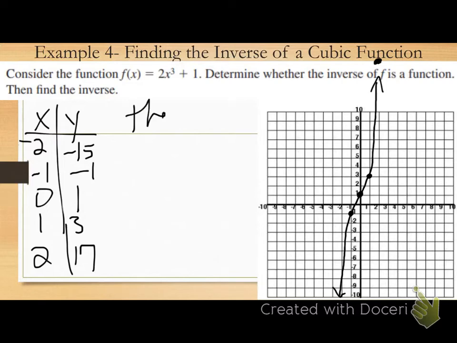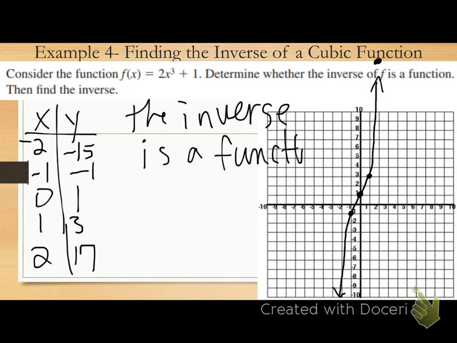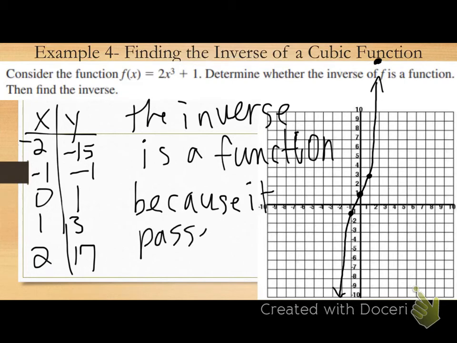So I'd say the inverse is a function because it passes the horizontal line test. That'd be my explanation. Any questions on that?